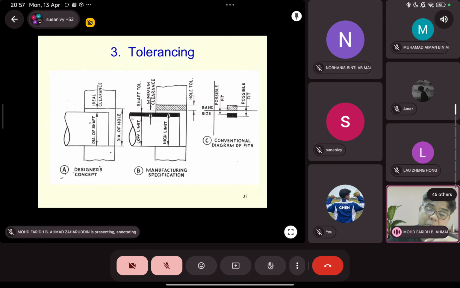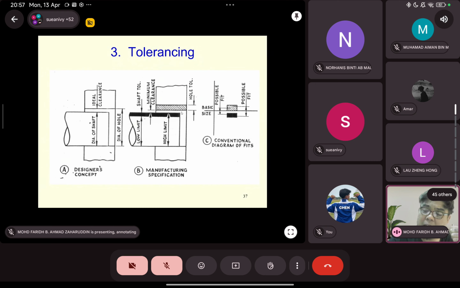The black and the other colored parts show the tolerance, the allowance gap to make sure the fabricator can easily fabricate and the parts will be acceptable. You see there is the higher limit and lower limit of the shaft, and it has this tolerance. The same goes for the hole.